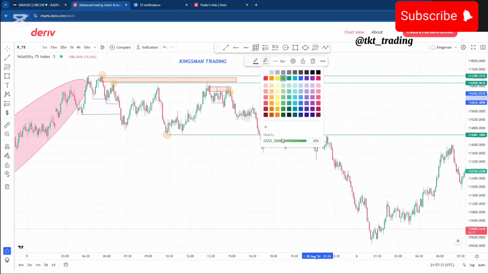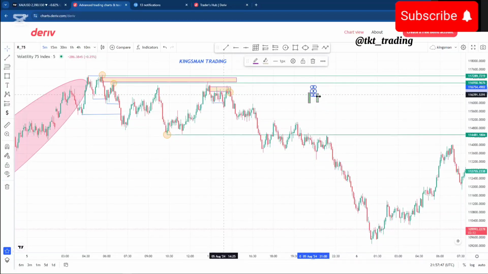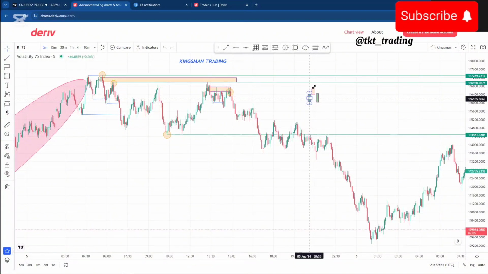So now let me just use this to illustrate. Then this will be the red candle. No, sorry, this is supposed to be a green candle. Let me just flip it backward. Let me just say these are red candles. This is a green candle. This is a red candle. Then this is another red candle again.